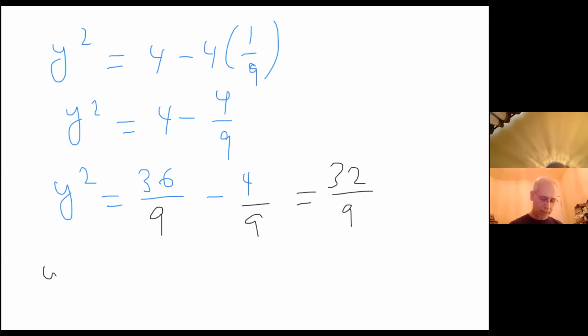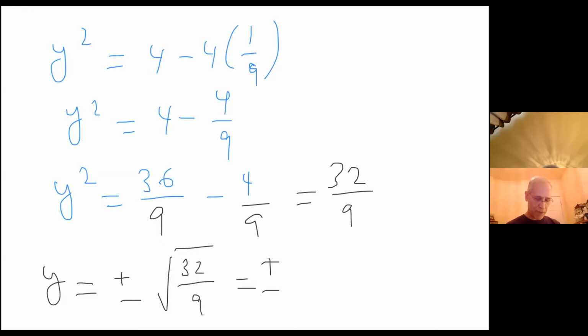Taking the square root of both sides, y equals plus or minus the square root of 32 over 9, which I can rewrite as 4 root 2 over 3. Those are the positions of my y's.